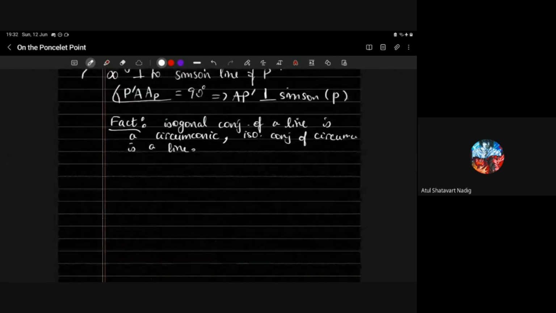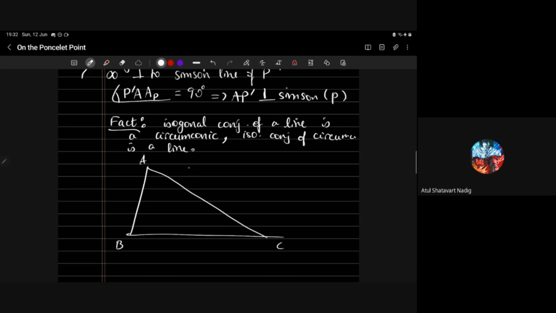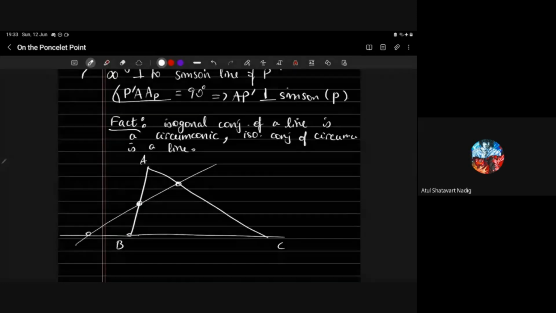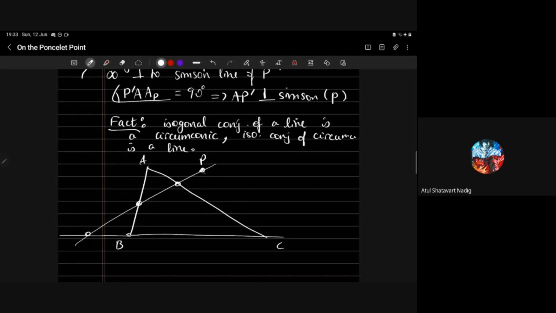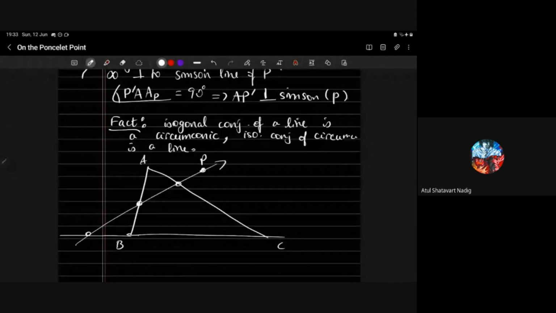But in general, if you take some triangle ABC and a line, let's say like this, maybe like this. So you take a point on this line, take the isogonal conjugate, and move this point along this line, and you consider the images of the isogonal conjugate of P, and you will get a circumconic.